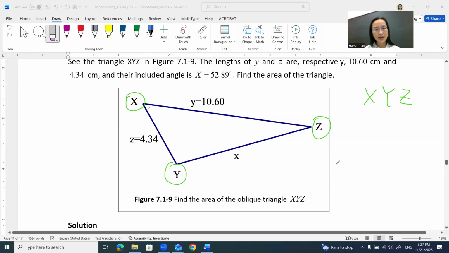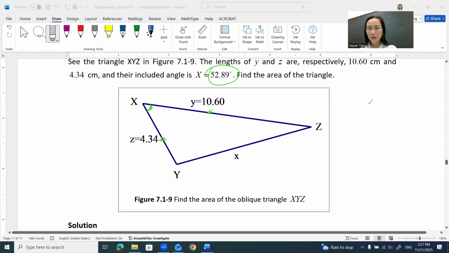This is the triangle XYZ. The side lengths, lowercase y and lowercase z, are given. And also this angle X is given, which is 52.89 degrees. Can we find the area of this triangle?